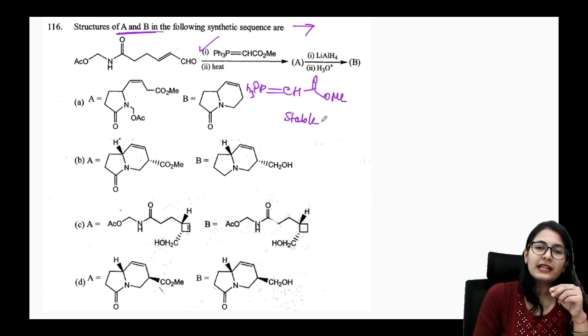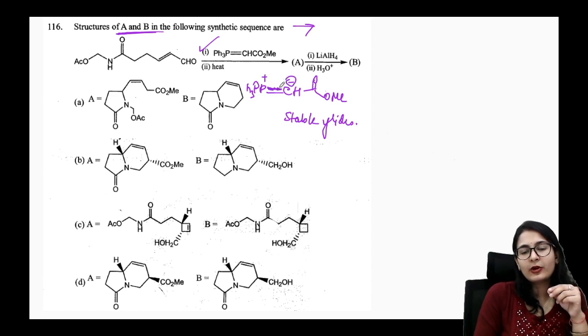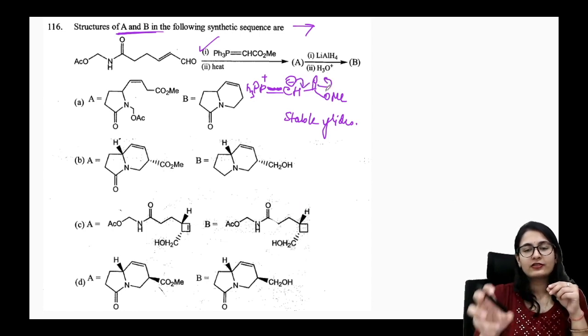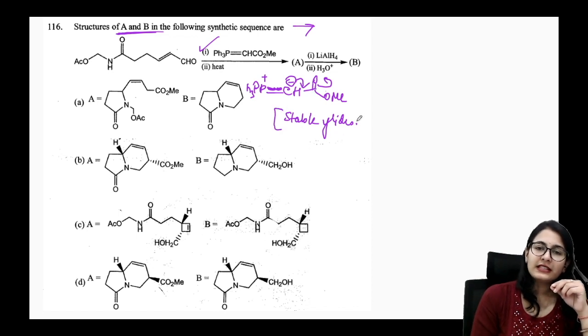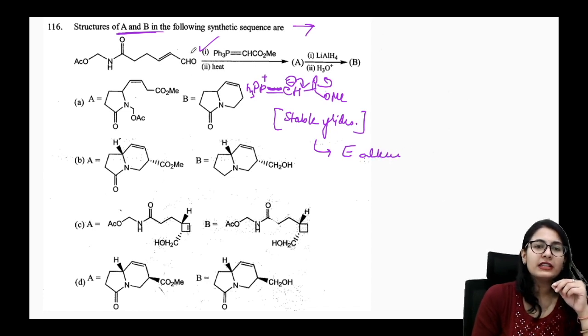What are stable ylides, guys? You consider the double bond to be like this, minus and plus. That is what a double bond is basically. So a stabilized ylide is one which can resonate the negative charge into some electron withdrawing group. And we know that stable ylides most of the time will give you E alkenes when they react with the carbonyl, the free CHO group.